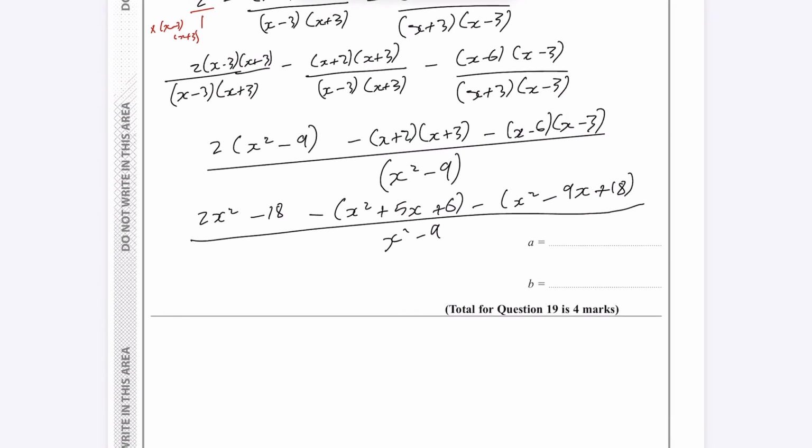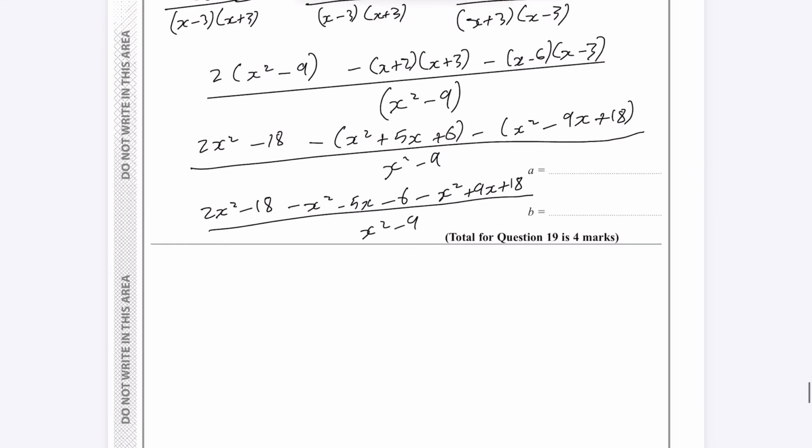So if you now expand all of that out, that'll become 2x squared minus 18 minus x squared, no, that'll be minus 5x. Just be careful with the minus here, it's very easy to make a mistake. And then that'll be plus 9x plus 18 all over x squared minus 9.